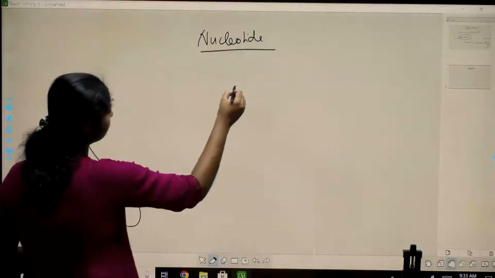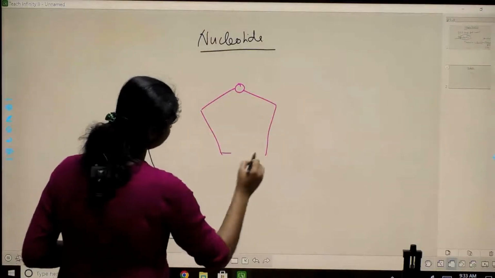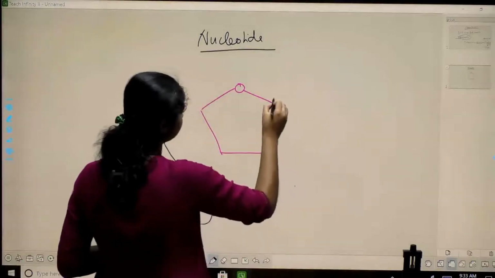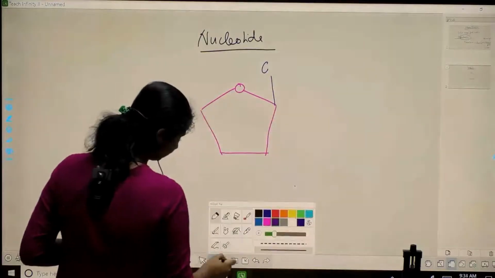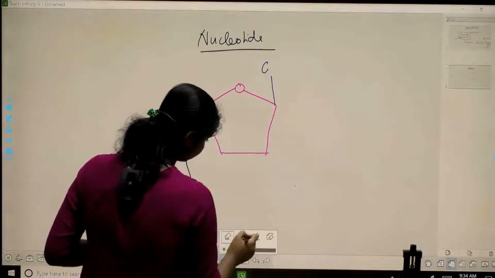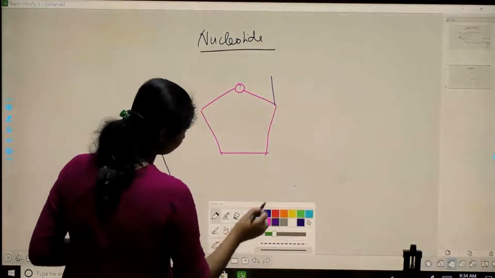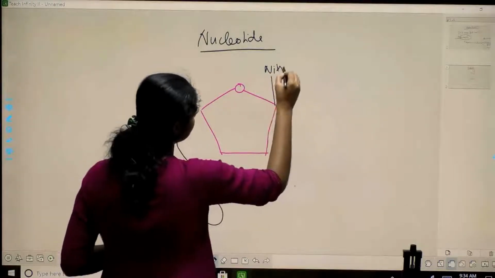So we have the pentose sugar, we have the nitrogenous base.